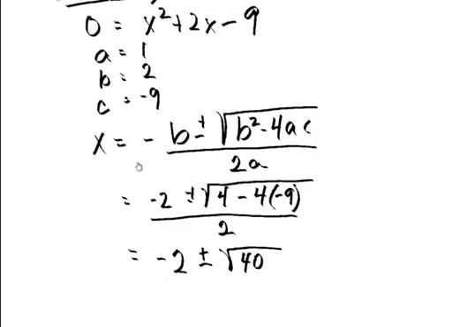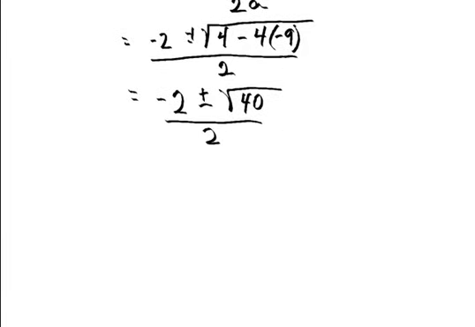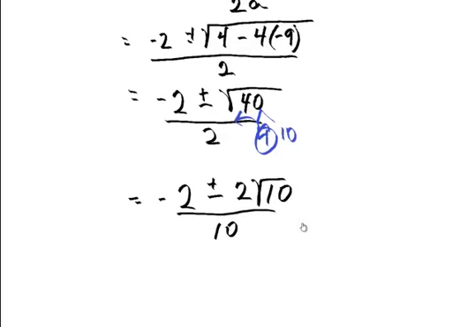Oh, that's a 40. I like that one. Now in that 40, that's a 4 times a 10 where the 4 comes out. And I get negative 2 plus or minus 2 under the square root of 10 all over 2.